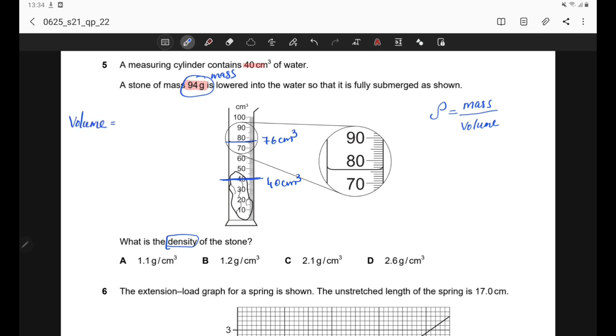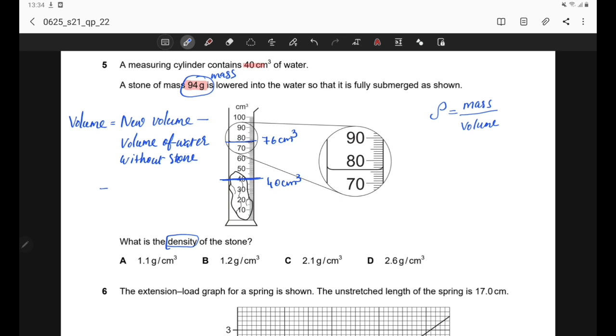We can take the new volume, where we have already added the stone, minus the volume of water without the stone. So that will give you the volume of the stone.